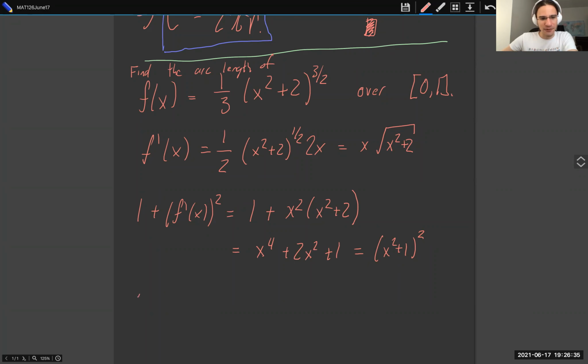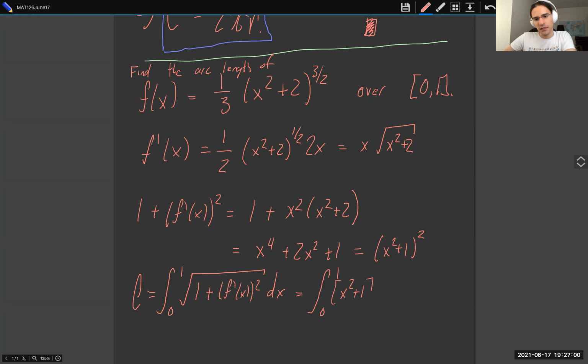So the length is equal to the integral from 0 to 1 of the square root of 1 plus f prime of x squared dx. And that's the integral from 0 to 1 of the square root of this expression, so that's x squared plus 1 dx.